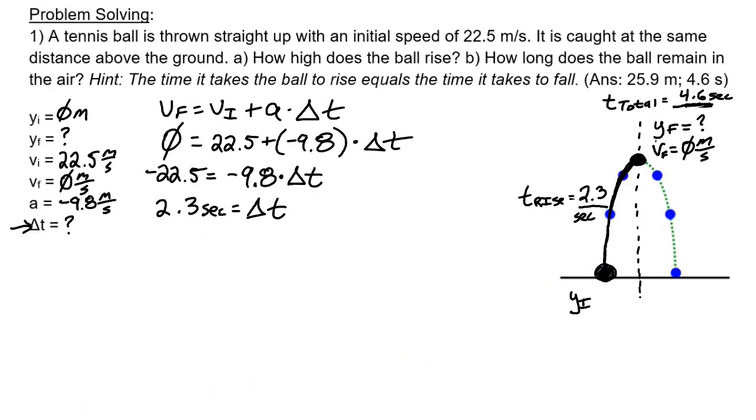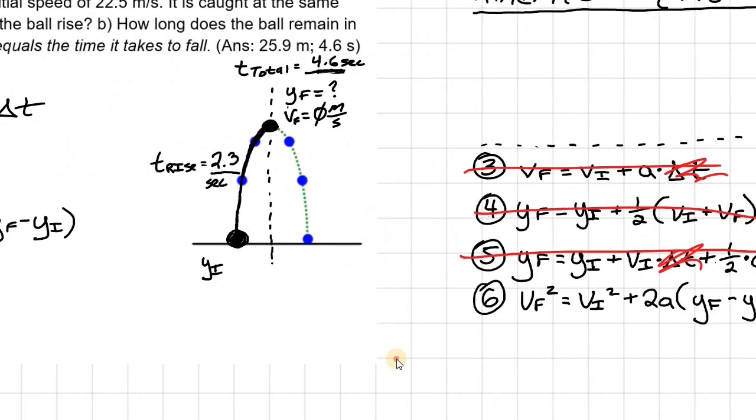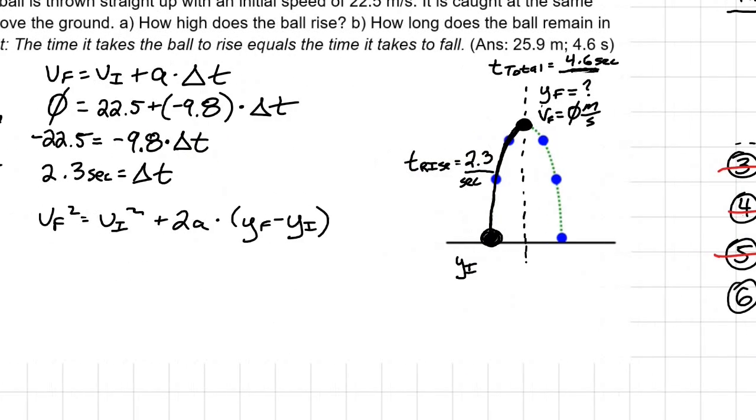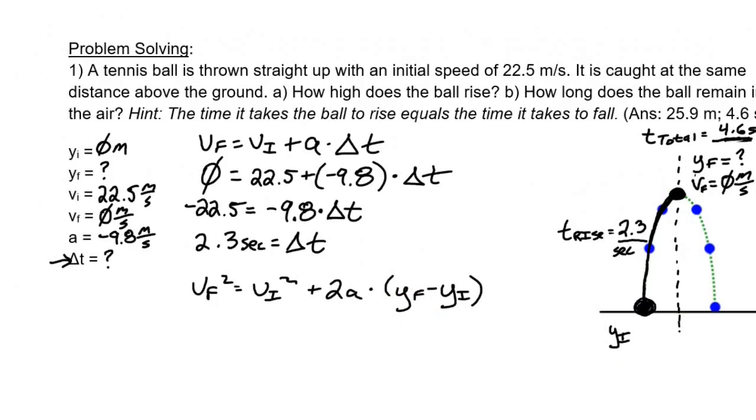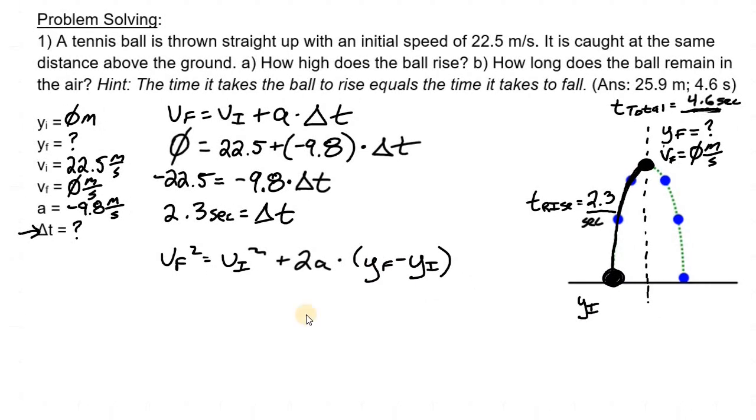Let's write out that formula. Make sure that you write this out correctly. Okay, and that looks good. All right, so here we go. Let's start plugging this in and solving for, once again, our YF.